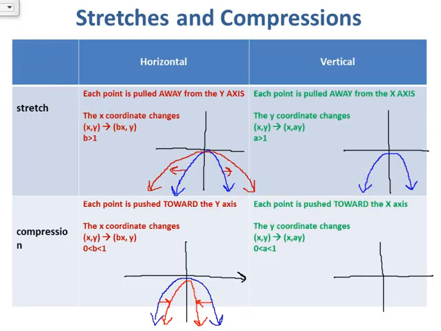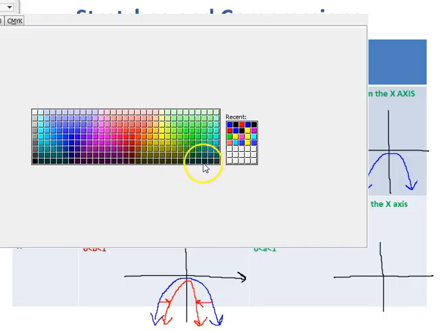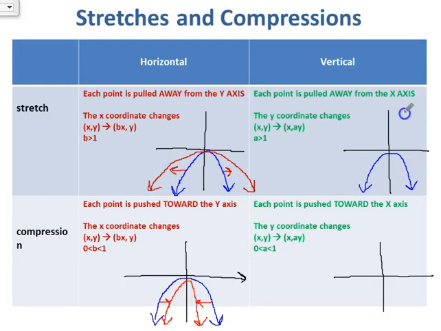And now for a vertical stretch, each point is going to be pulled away from the x-axis. I'm going to move my graph up a little bit. There we go.